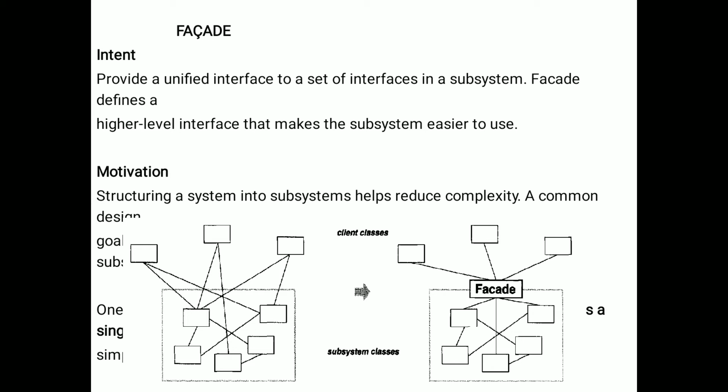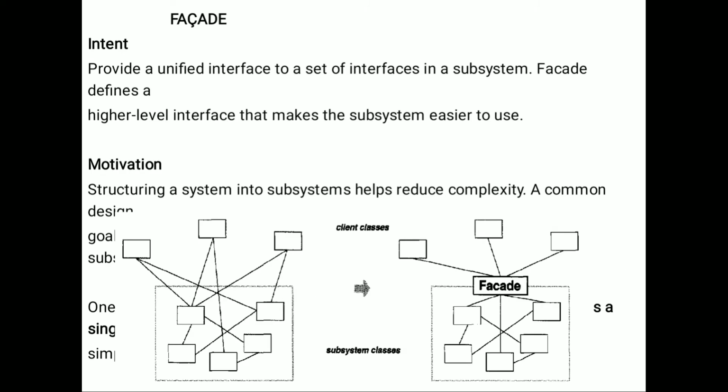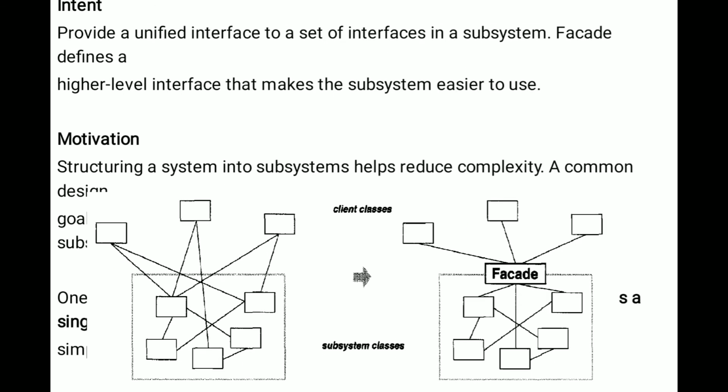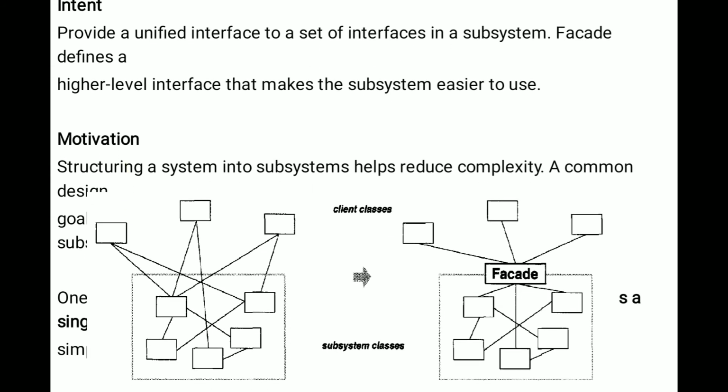And also, you see here, we are having the structures here. The left structure means that it is not following the facade pattern. Just we are going to have a number of components. All the components are going to interact with one another randomly, but it is very difficult to handle the interaction between the components.